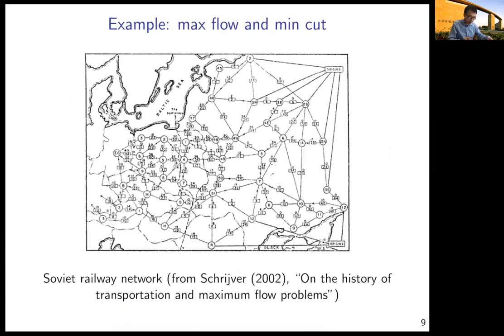Okay, a prototypical example of LP primal problems and dual problems in LP is this max flow min cut problem. So it originates from, I think, more than 100 years ago, when the Soviet Union was trying to maximize their throughput on their railway network. You know, as a communist country, they tried to do the central planning of a lot of different things.